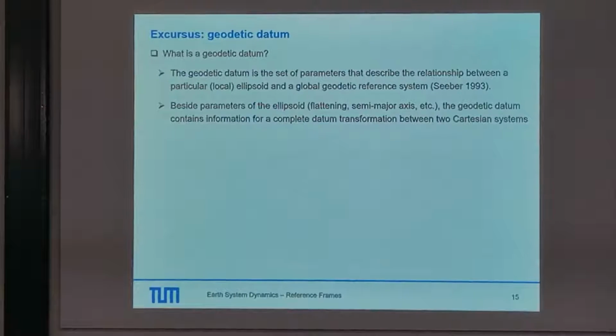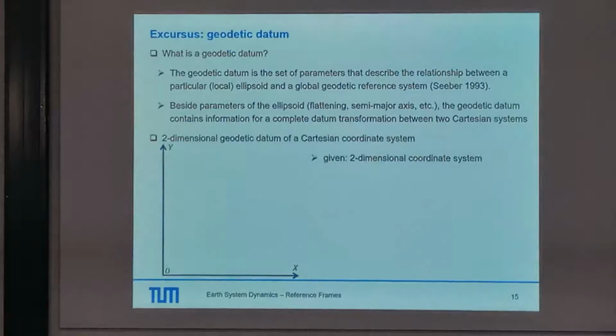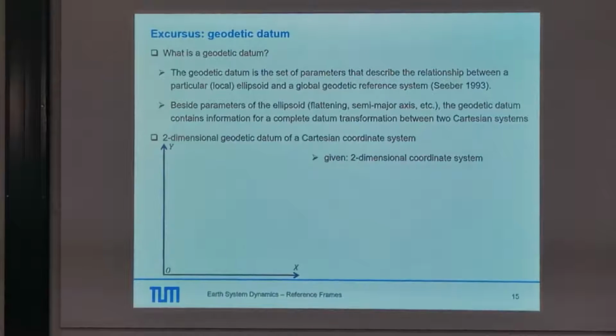And besides these parameters of the ellipsoid, the geodetic datum contains information for a complete datum transformation between 2 Cartesian systems. It sounds complicated, but it's totally easy. This is an example. You have a 2-dimensional Cartesian coordinate system, x-axis, y-axis.